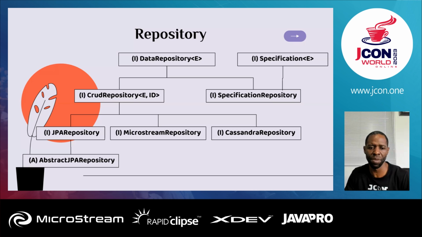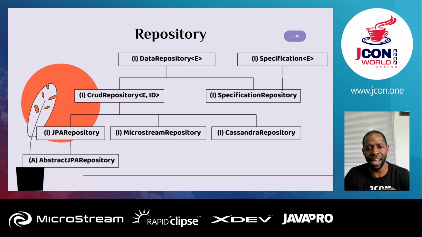For example, if you want to use JPA, we have the JPA repository, and a MicroStream repository if you want to use MicroStream, and further subinterfaces such as the Cassandra repository. Then your abstract JPA repository implements all the basic operations it inherits from the JPA repository, your CRUD repository and your data repository. If you are familiar with the specification pattern, it's similar to the JPA criteria pattern.